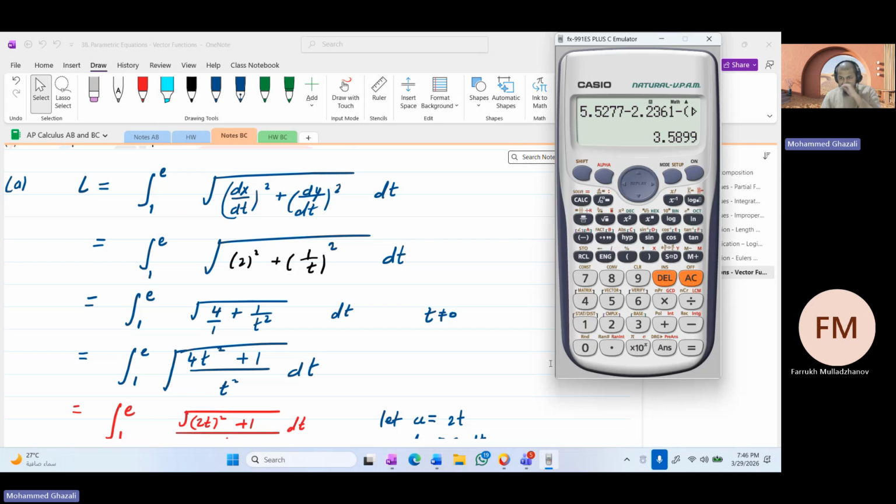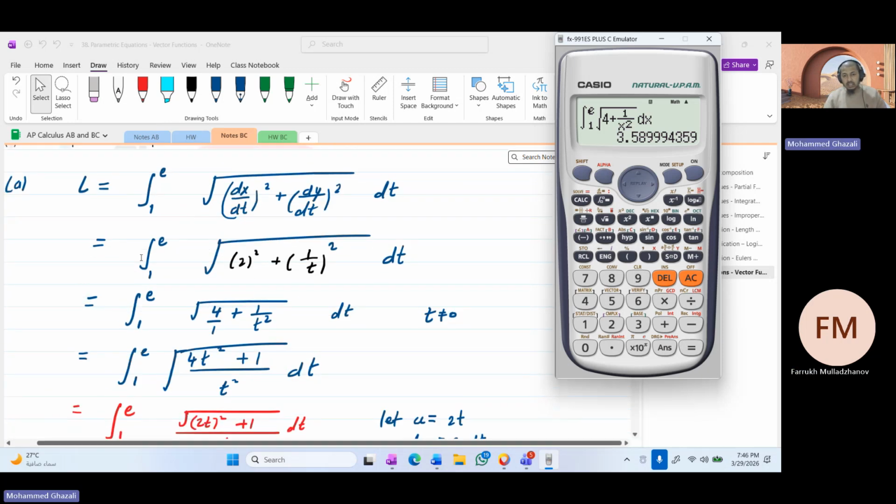Integral from 1 to e of the square root of 4 plus 1 over alpha x squared. 3.5899. Great. Same answer. Exactly.